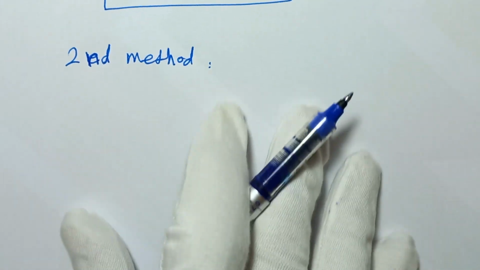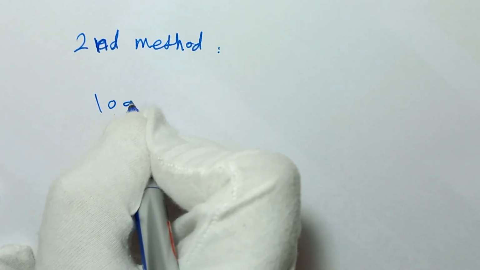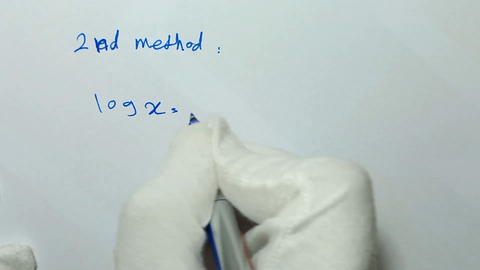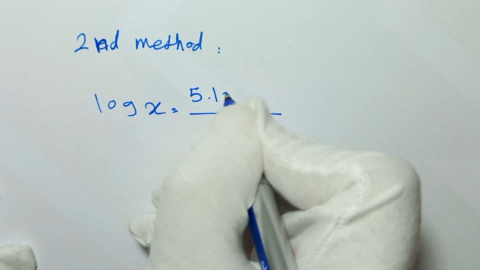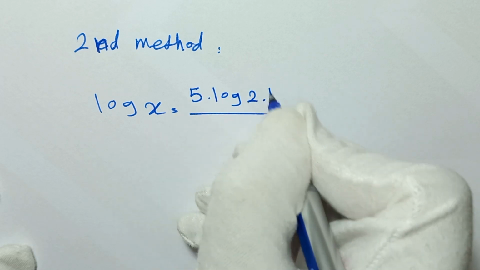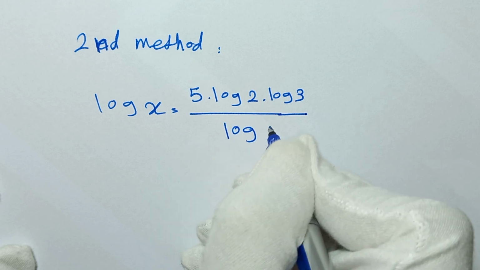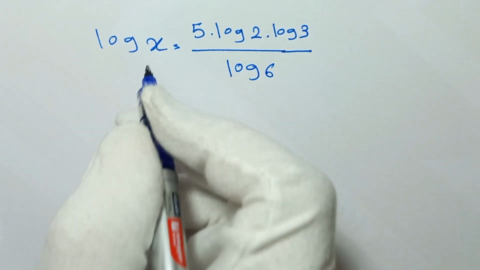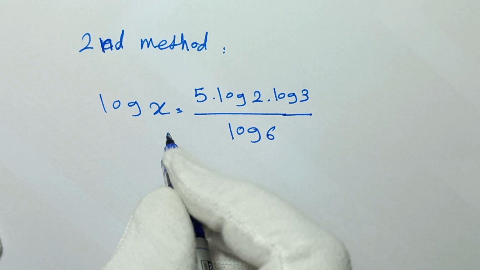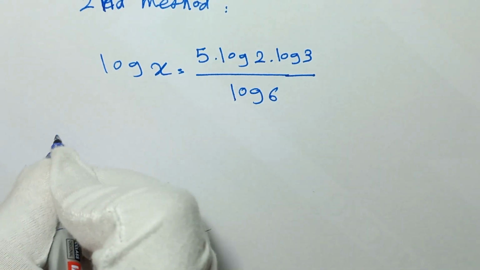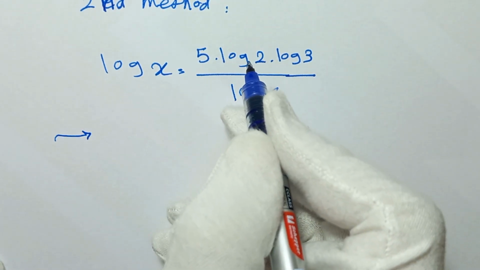For the second method, we divide both sides of this equation by log 2.